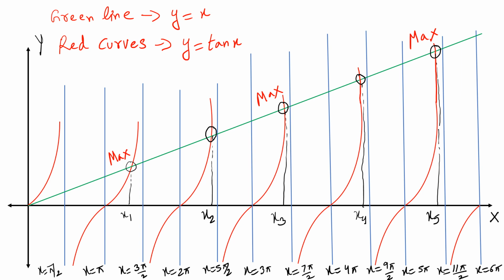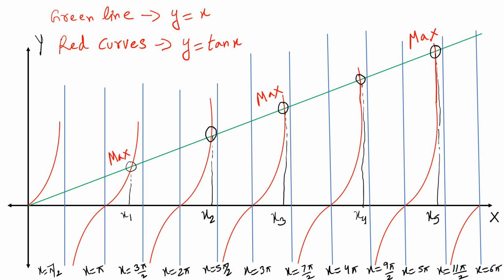Whereas for the points where x is equal to x2 and x is equal to x4, since they lie in the first quadrant, cos of x is positive, and in their left neighborhood, tan x is smaller than x, which means tan x minus x is negative, and the denominator of f dash x is already positive. So that means in the left neighborhood of x2 and x4, f dash x is negative.